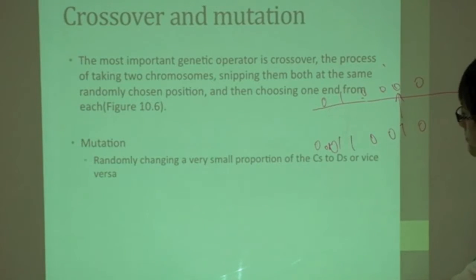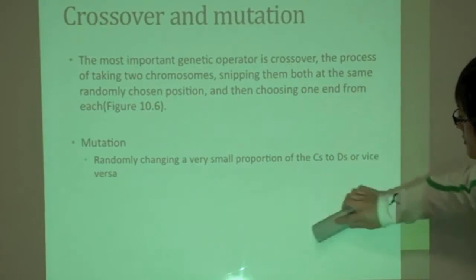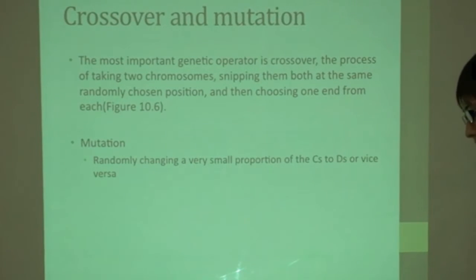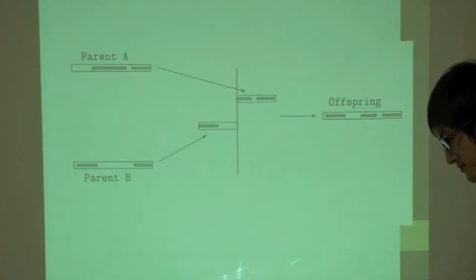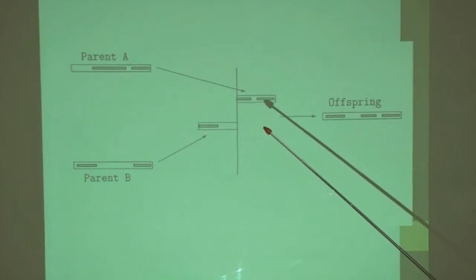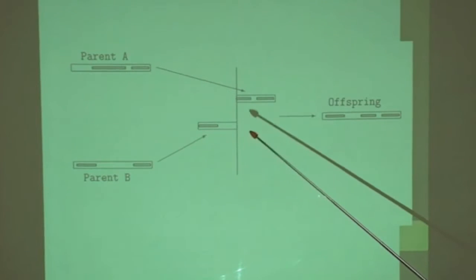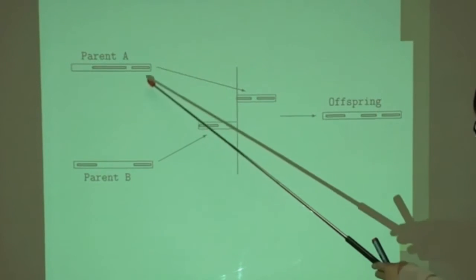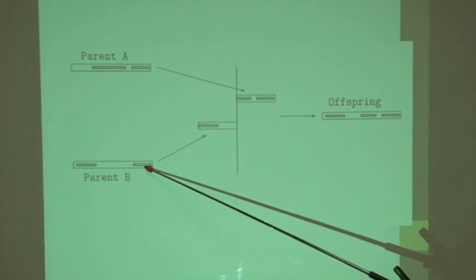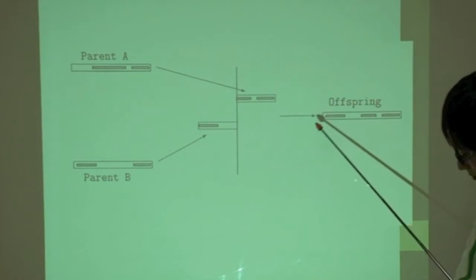But it is a very small probability. This is the figure of crossover, and the offspring is created.